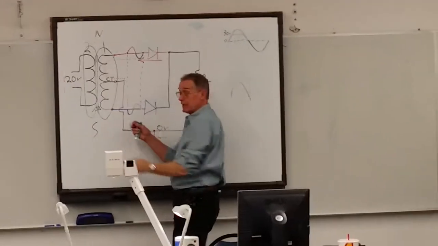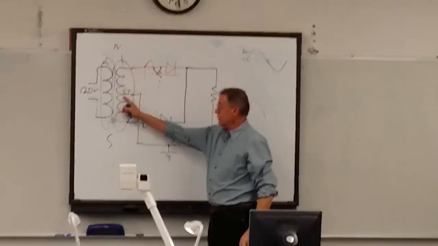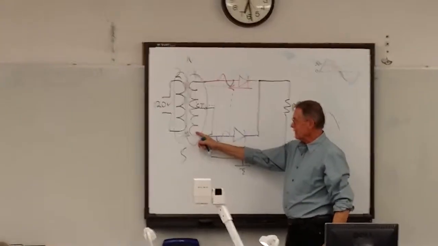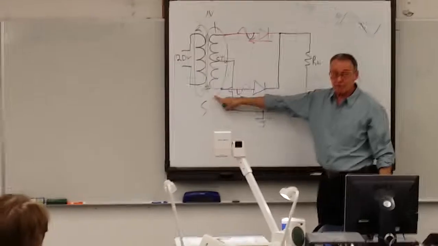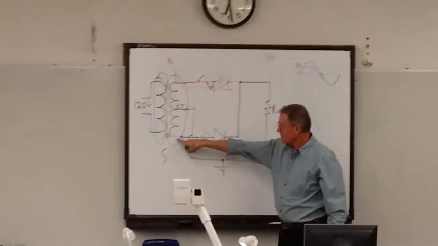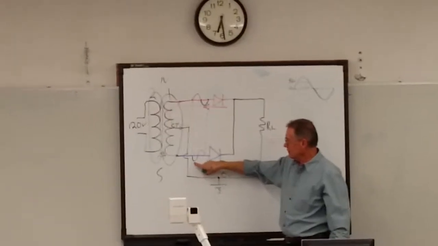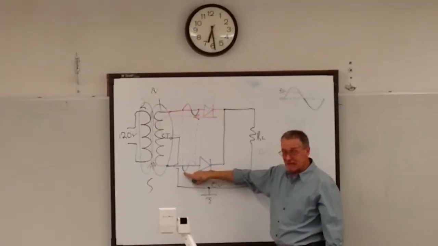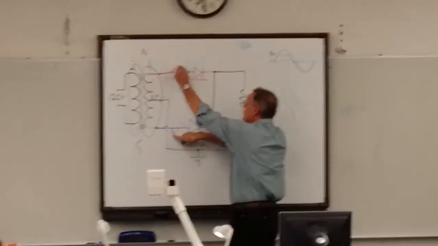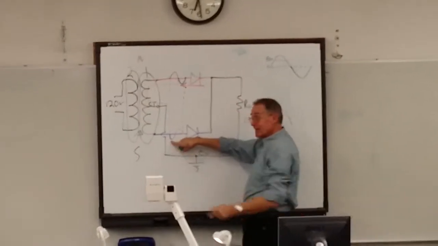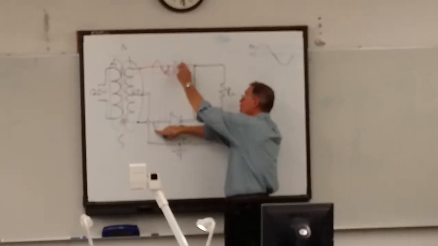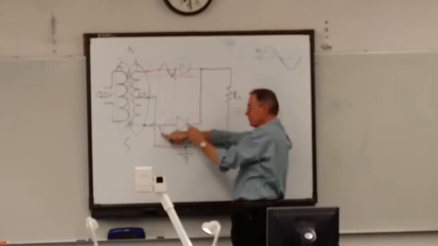Now why? Here's what happens. There is no path here. Why not? Because this part of the transformer is tied to this diode, and at this point right down here, it is negative. At that same time, this is maximum positive, this is maximum negative. That means this diode is on and this diode is off.